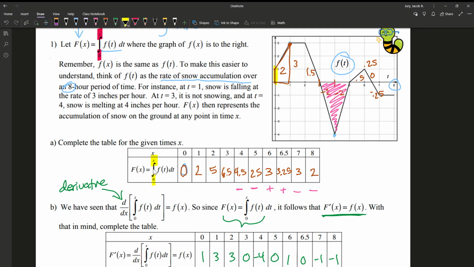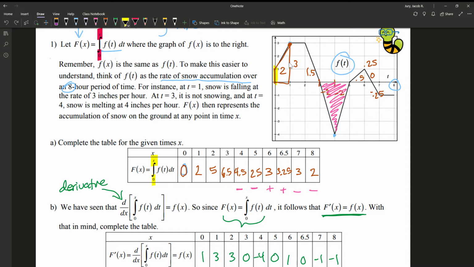So looking at 1, if I accumulate all the way till x equals 1, let's say maybe this is time after an hour. After an hour of snow, we've accumulated 2 inches of snow, because that's the area between 0 and 1.